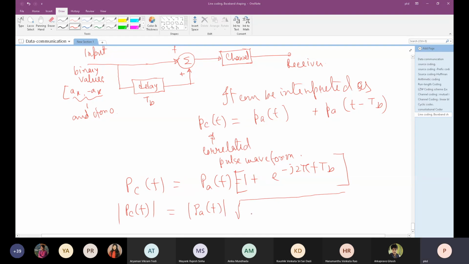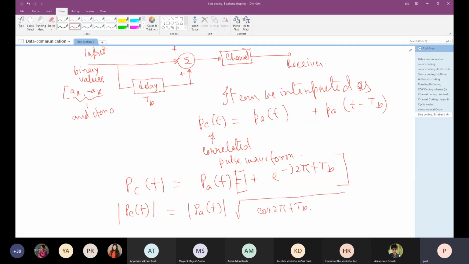Square root of 1 plus cosine twice pi f TB. I think it will be root 2, right, sir? Because you're adding 1 to a circle.